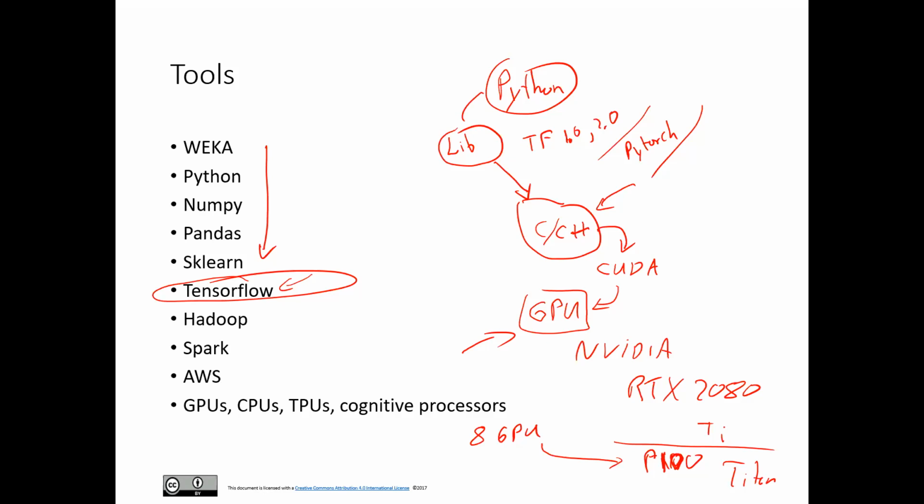Another set of tools in machine learning is called Hadoop and Spark. I should say, we will not cover these two topics. These are not two topics that I'm going to cover in this class. My focus with big data is on GPUs and that type of parallelization, but there is another type of parallelization via CPUs.